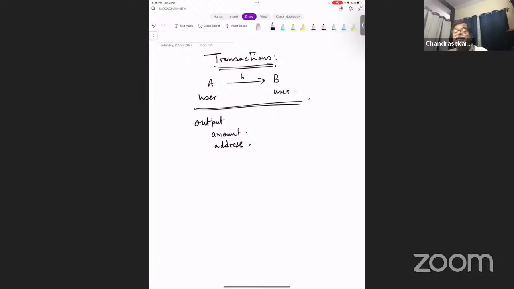Who can take this money? Because it is going to be thrown in public, I am transferring the ownership to whom? This is what. You may have several outputs in a transaction.